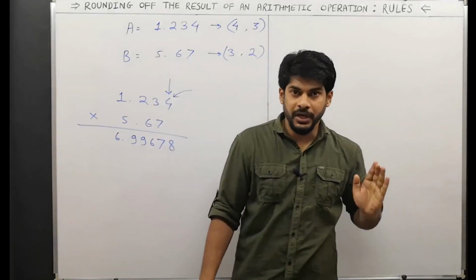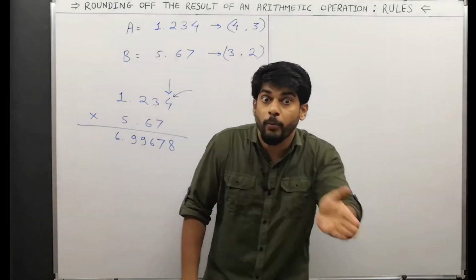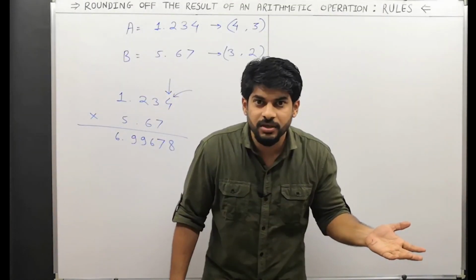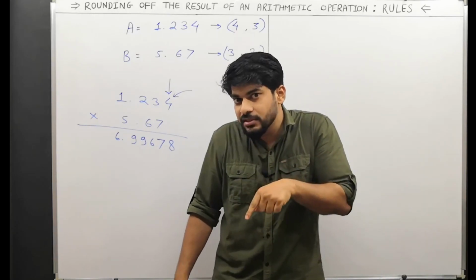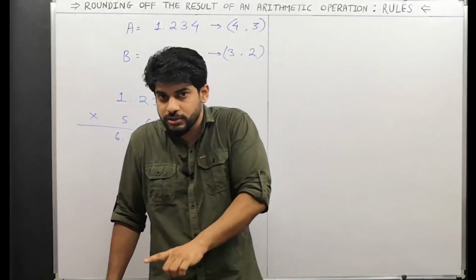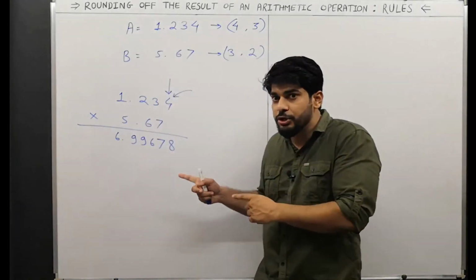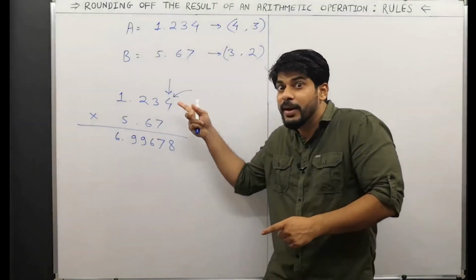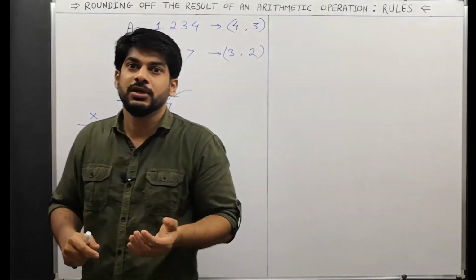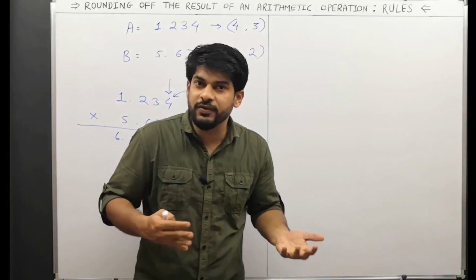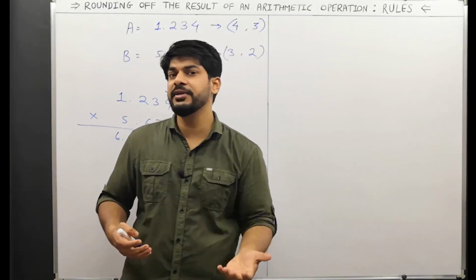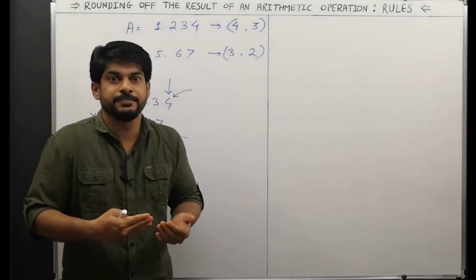That means there must be some rules for rounding off the answers of mathematical operations, because each operation goes in a different way. Adding, subtracting, multiplying, dividing, all these are a little bit different.